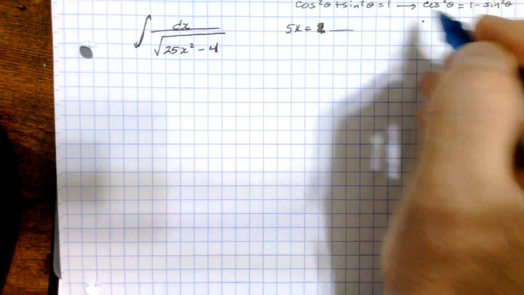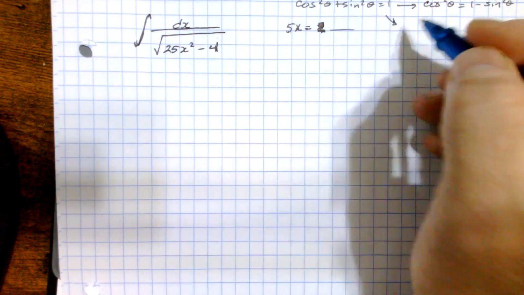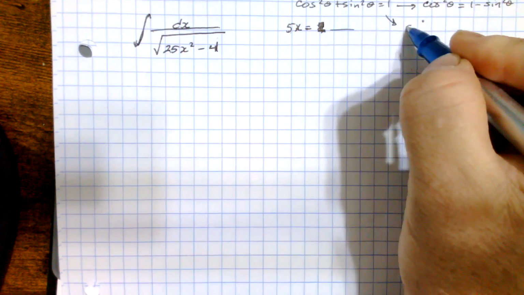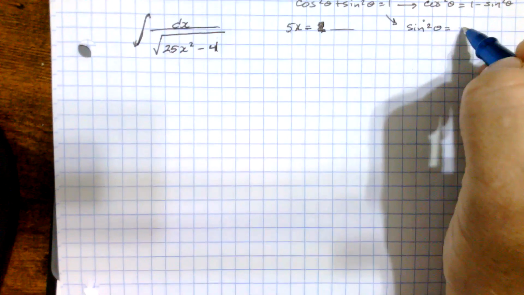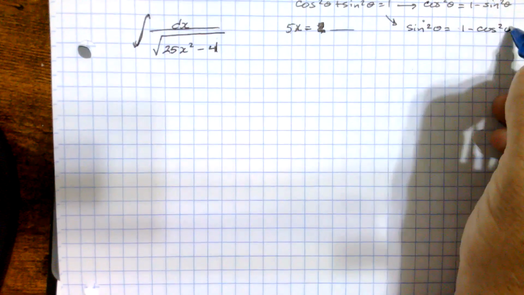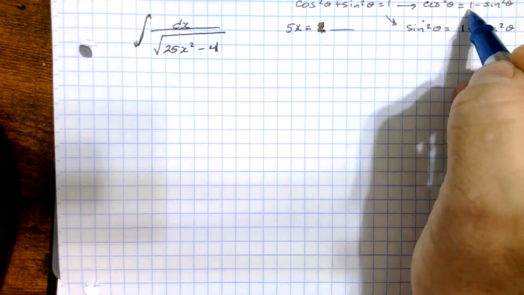This is what we did last time. But to try a different route, since we're not having the same form, what we're going to do is subtract the cosine squared over and solve for sine squared. So if we get sine squared theta, that's going to give us 1 minus cosine squared theta. This is a different route than the one that we did previously.